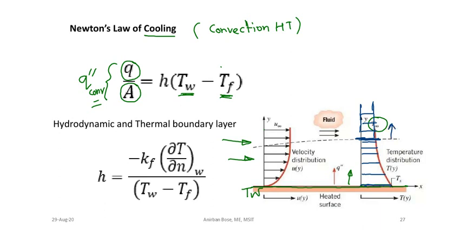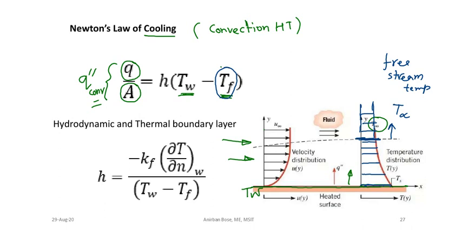So the temperature outside the thermal boundary layer is almost uniform, and we call that temperature of the fluid the T infinity, or the free stream temperature. It is denoted by T infinity, and here it is shown by TF for this particular example.